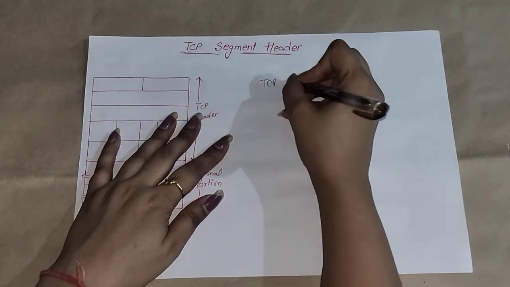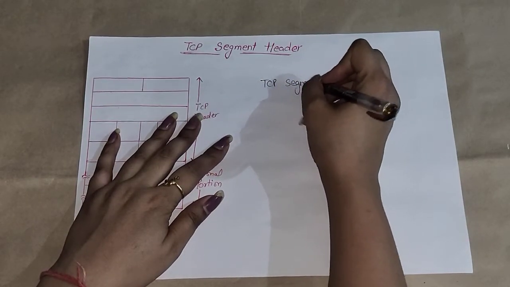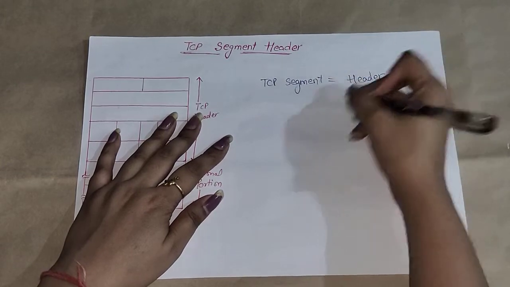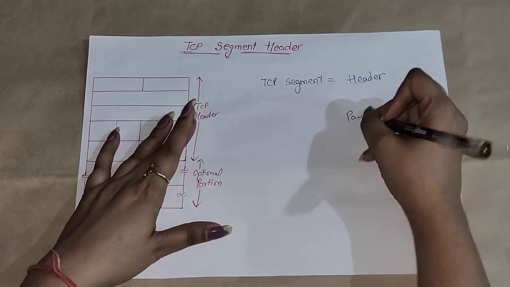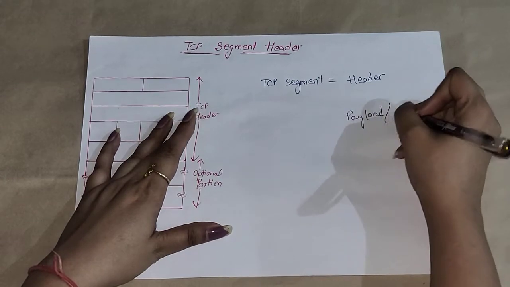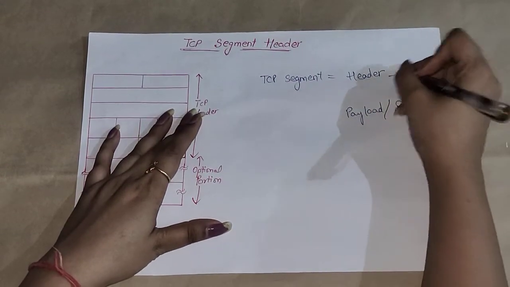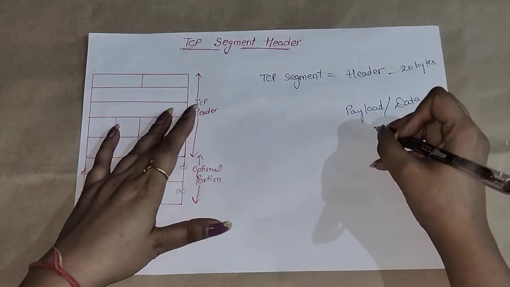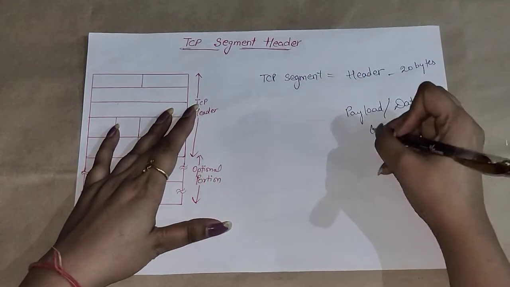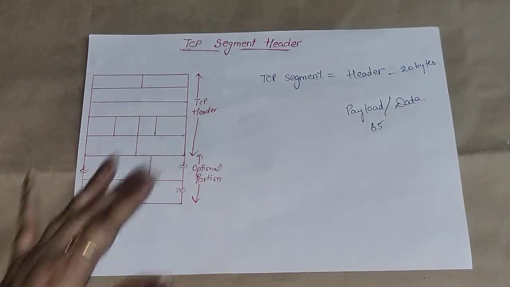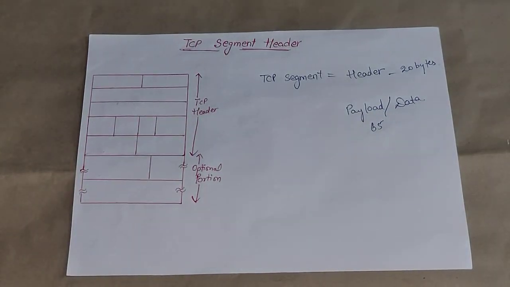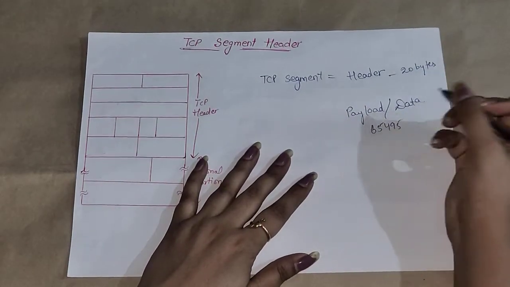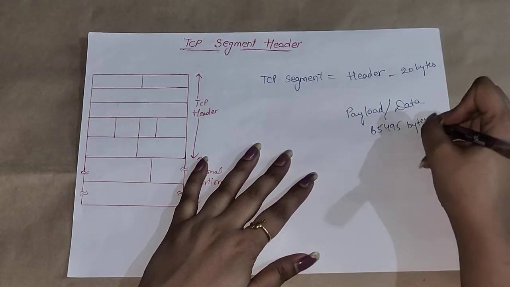Broadly, this TCP segment is divided into two parts: a header and payload. Payload, or you can say data. This header is of 20 bytes. And payload is of 65495 bytes.